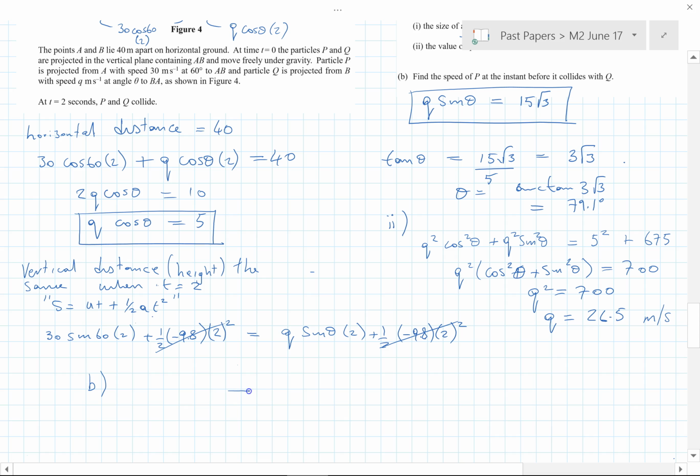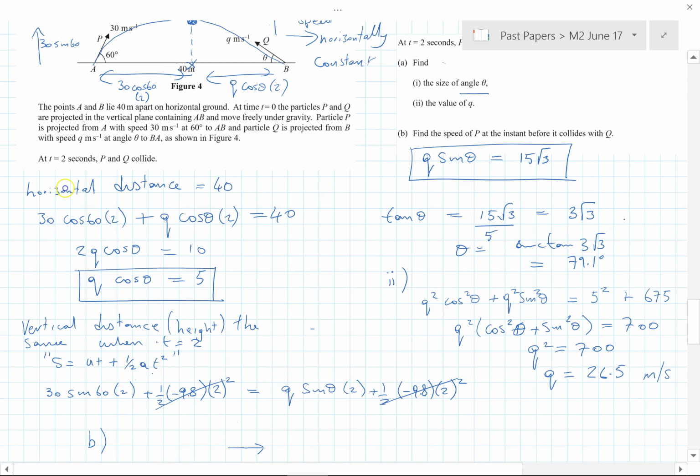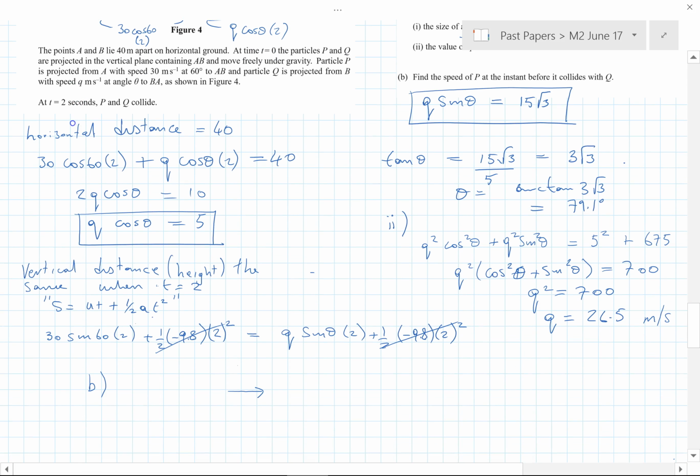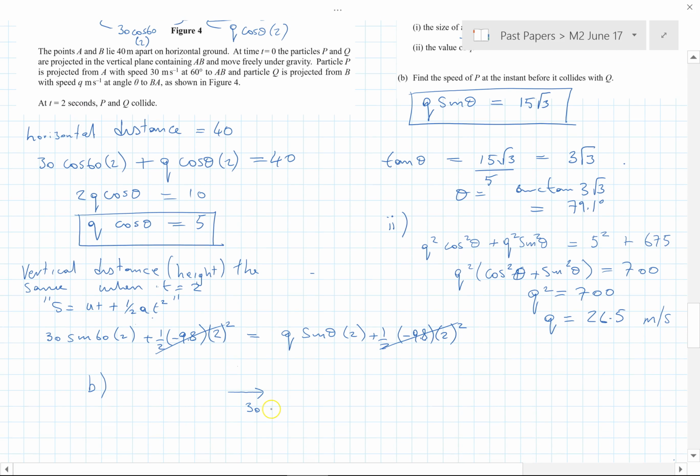It's still what it always was, because that's constant. So that's 30 cos 60, which is obviously equal to 15. We'll call that Vx.